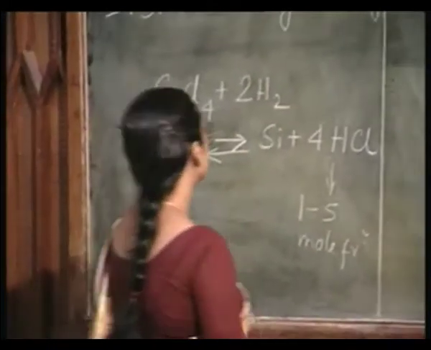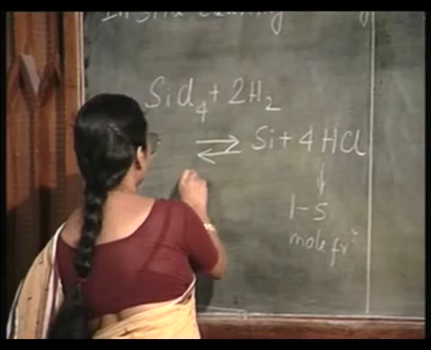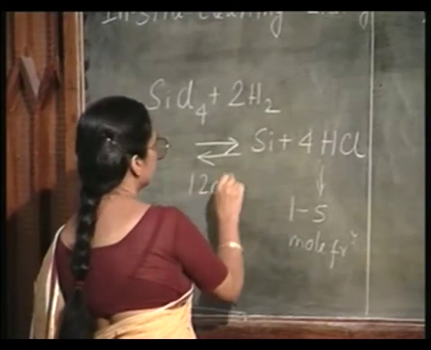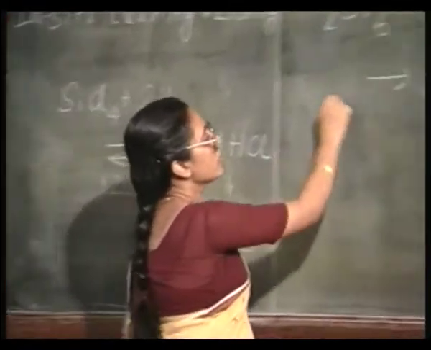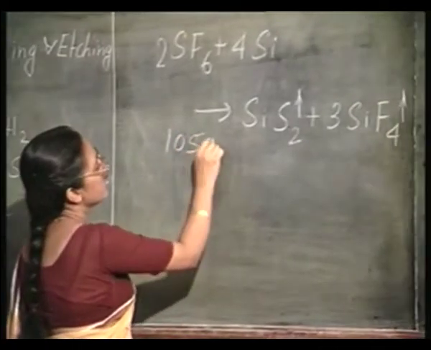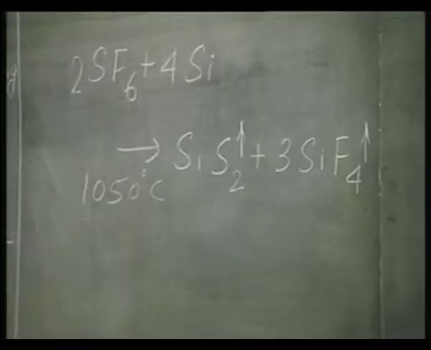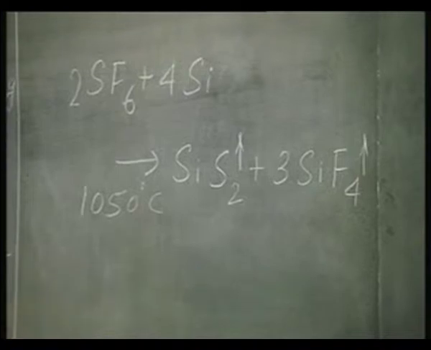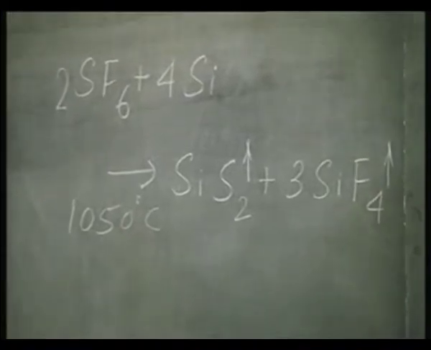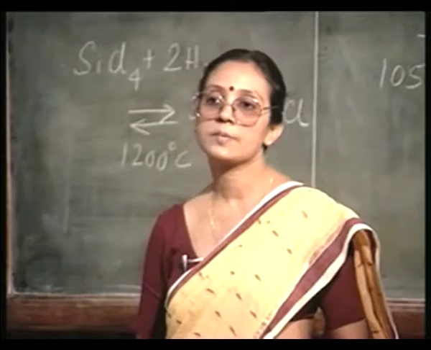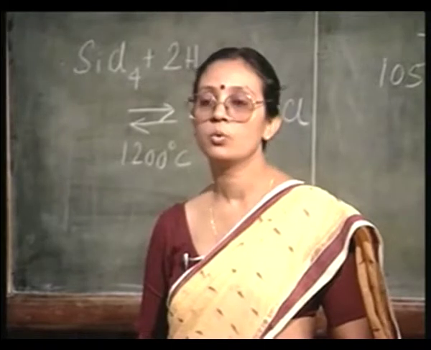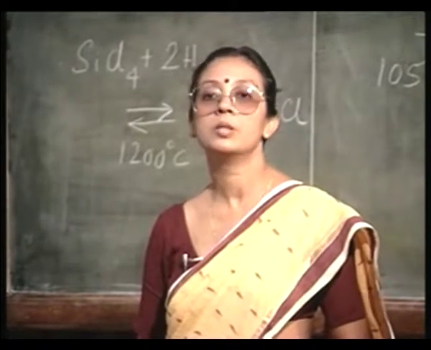If we compare the H rates, say here at 1200 degrees centigrade, that compares with 1050 degrees centigrade here. So, you can lower the temperature by about 150 degrees centigrade and still have comparable H rates. Lowering the temperature by even 150 degrees matters because in actual production we are very concerned about the thermal budget.